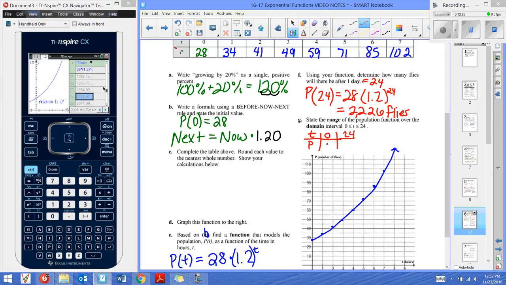Well, we know our output at 0 is 28, and our output at 24, which we just found above, is 2,226. So the range would be from 28 flies all the way up to 2,226 flies, and both of those numbers are included. So what we are going to do is close off with brackets.